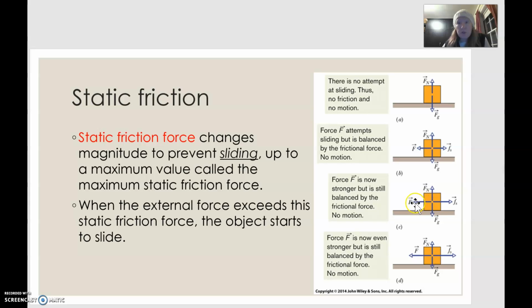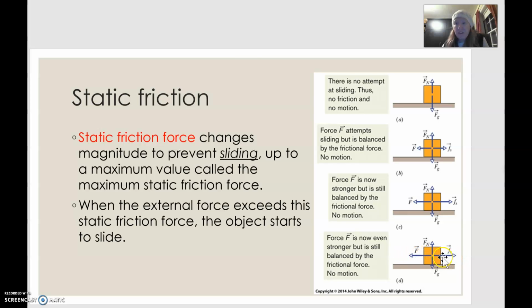Then somebody pulls harder with a greater magnitude force to the left. But there's still friction between this surface, whatever it is, and the box. And Fs grows larger. So still the box remains in place. Finally, we reach an even larger force to the left. Let's say that's tension again.